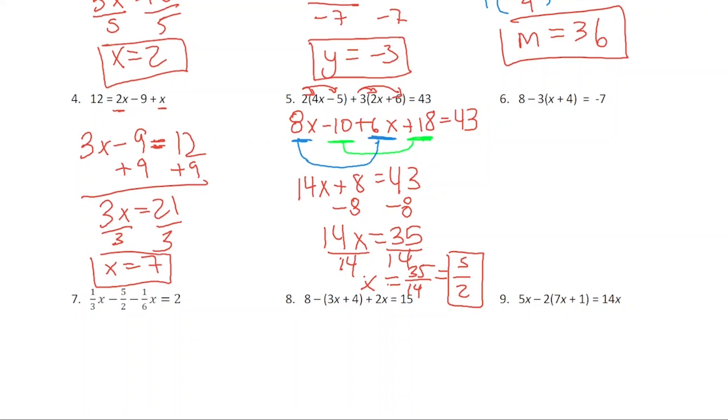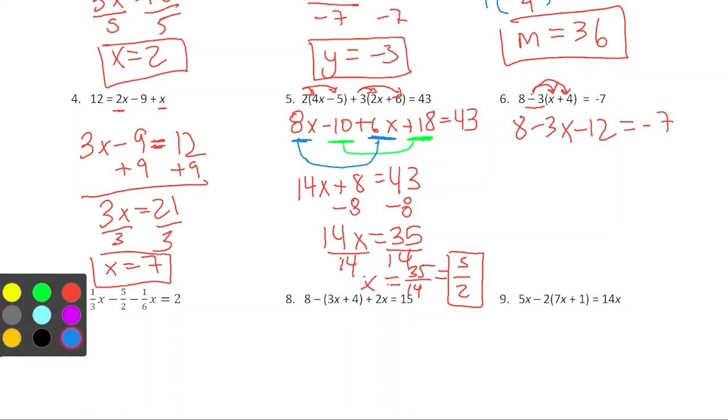Number 6, you got to be really careful. When you have the number that you're trying to distribute, and there's a minus sign in front of it, you make sure that you distribute the negative along with it. So I'm going to distribute a negative 3. Okay, this number right here. So I get 8 minus 3x minus 12 equals negative 7.